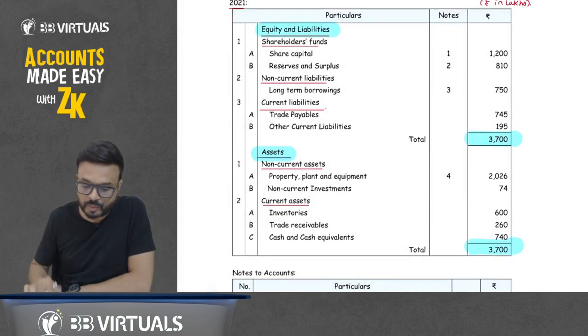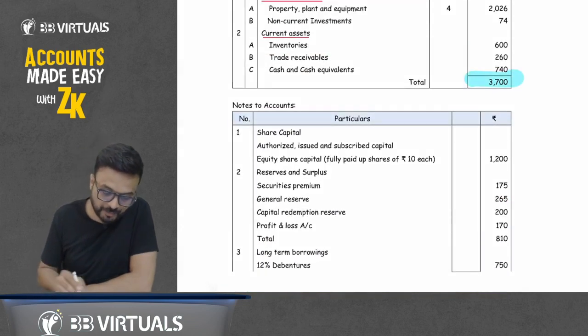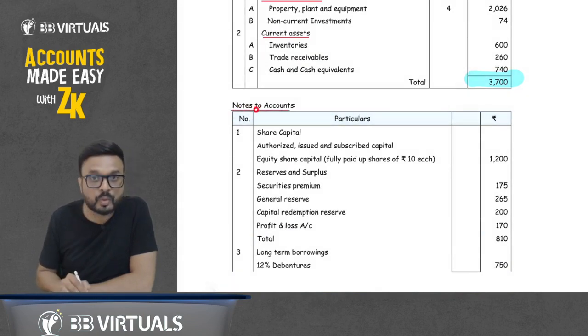Now what is this note when they say note 1, 2, 3, 4? They have given notes for share capital, reserve and surplus, long-term borrowing and property, plant and equipment. Note means there is some detailed information. Share capital is 1200, but the detailed information of this 1200 is given in note 1. So these are notes to account.